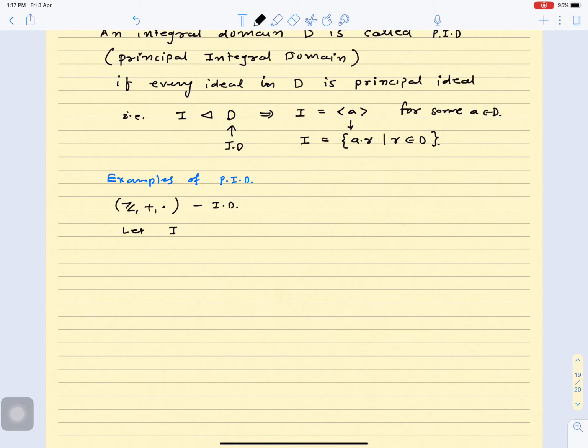Let I be any ideal of Z, then I will be of the form nZ for some n belongs to Z. So I is nZ, which is nothing but the ideal generated by n for some n belongs to Z. So Z is a principal integral domain, PID.